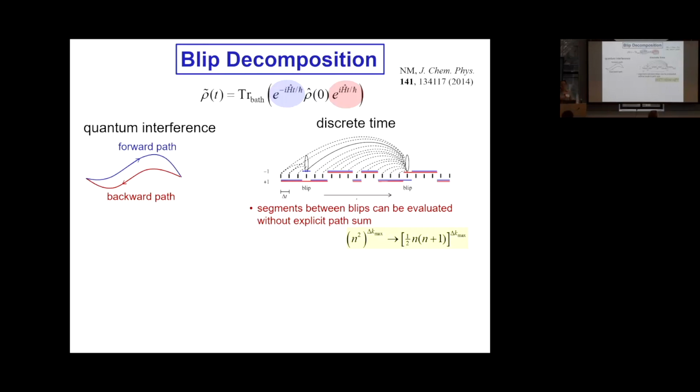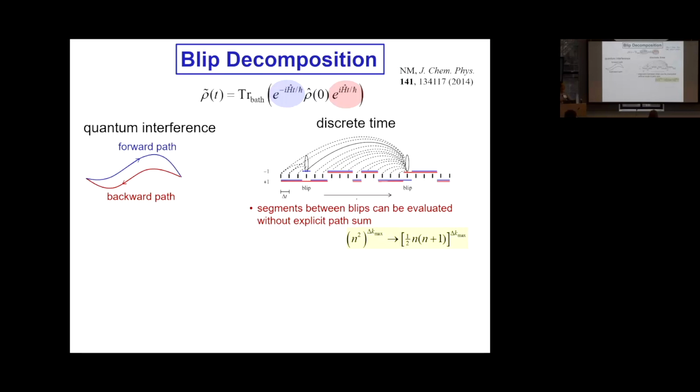We can do this iteratively by matrix multiplications. So if I have 10 time points between two blips, for a two-state system I would have 4 to the 10th paths to sum over. However, instead of doing this, I can do 10 2x2 matrix multiplications, which is nothing.